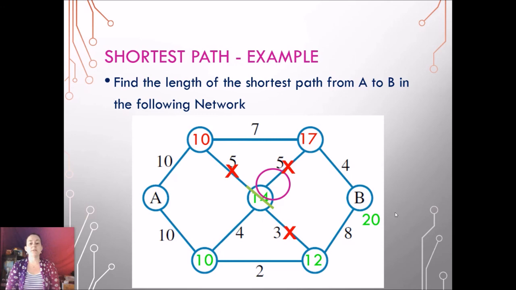Our next shortest is our 17. 17 plus 4 gives us 21. So we've covered all of the vertices in our graph going across, and we have the shortest distance here of 20. So our shortest path from A to B would be A plus 10 plus 2 plus 8, which would give us a result of 20. So that would be the shortest path on our network.